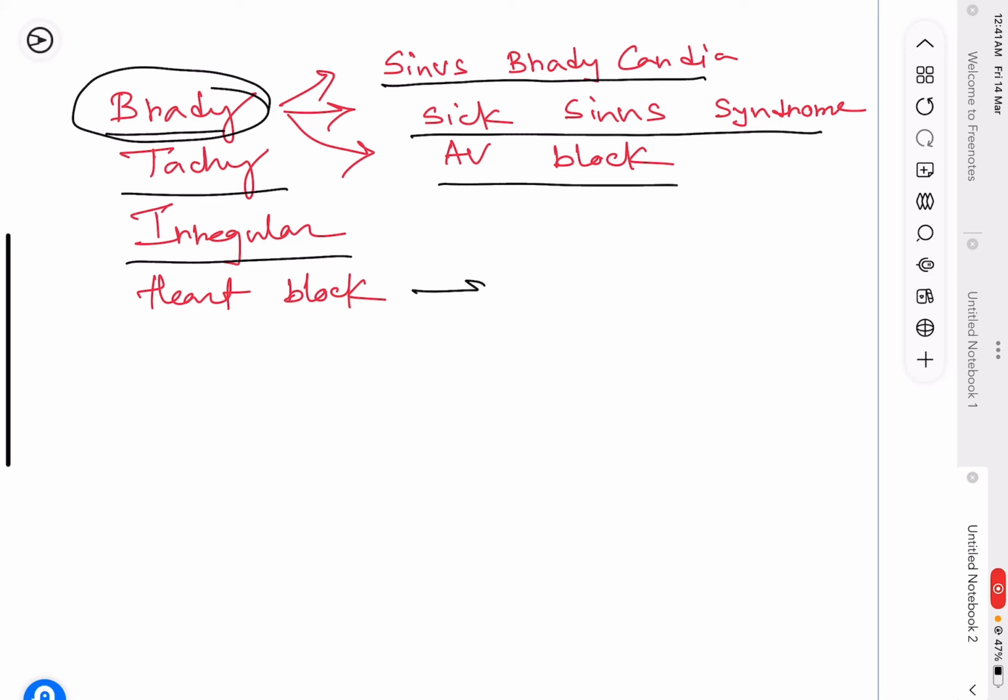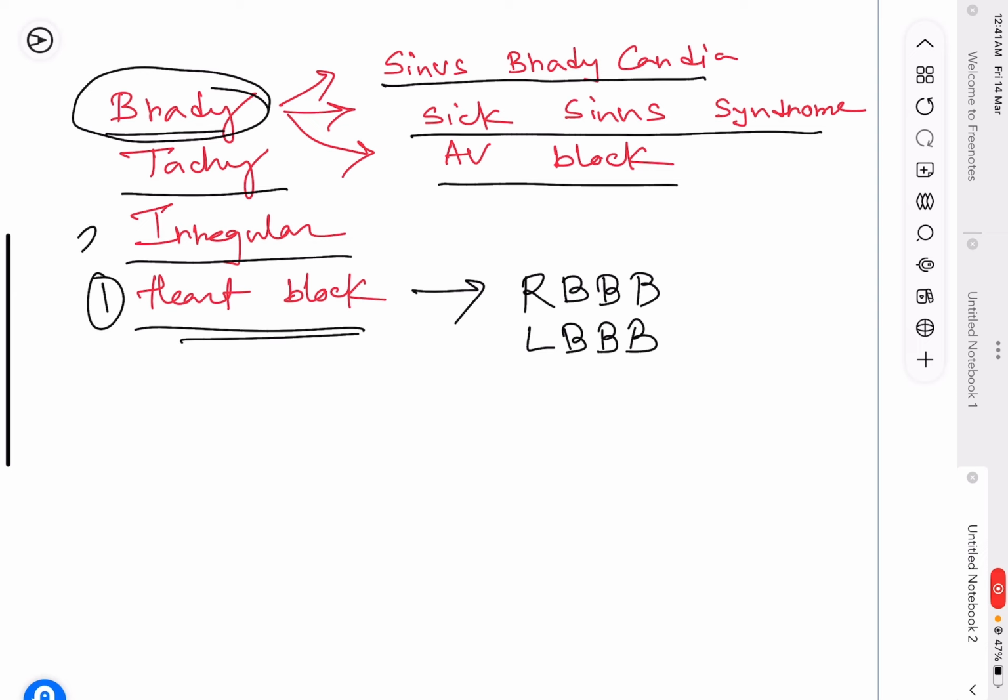In heart block, we have right bundle branch block and left bundle branch block. Clear? So AV block comes under bradyarrhythmia, and heart block is a separate category. Suppose brady, tachy, irregular, and heart block. Right and left bundle branch block come into heart block.